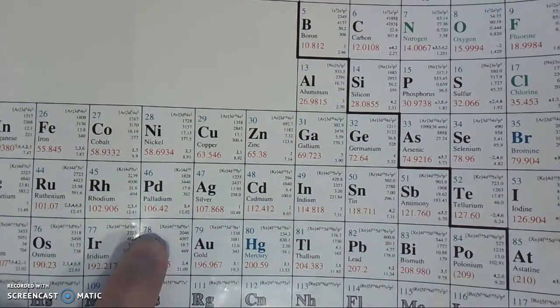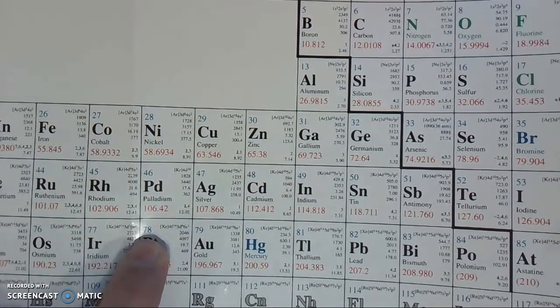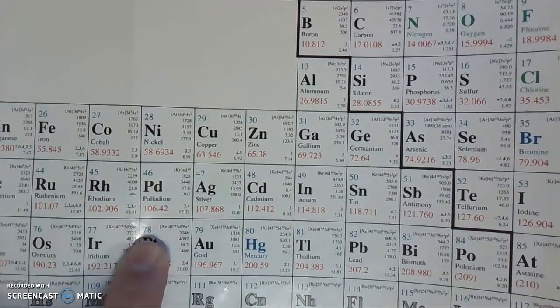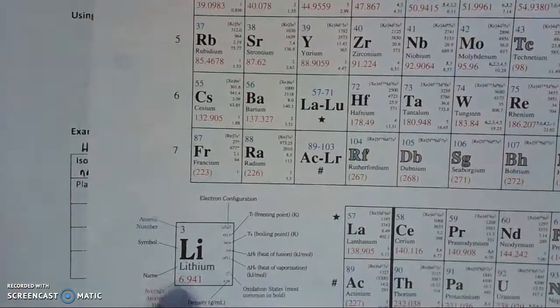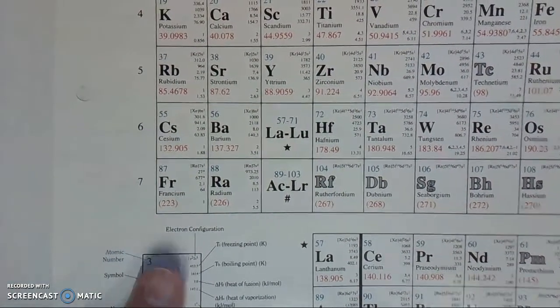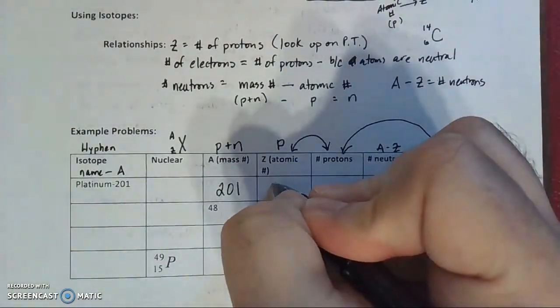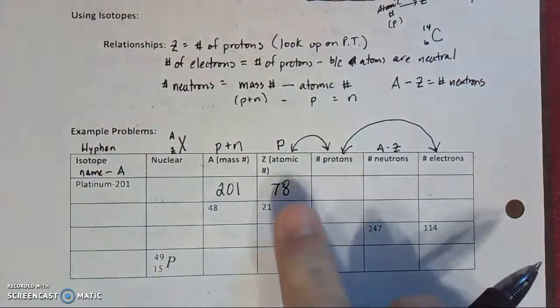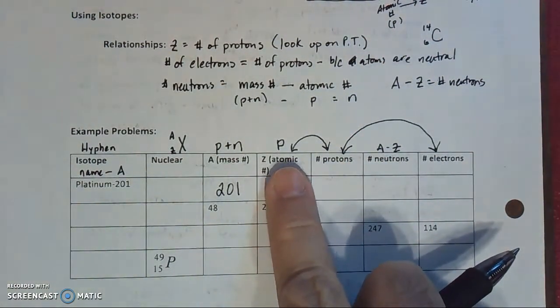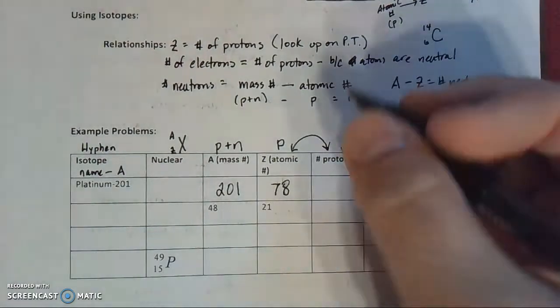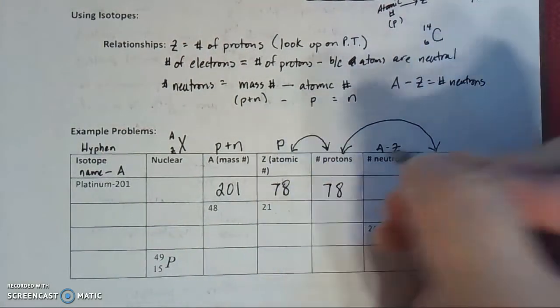It is number 78. So we're looking at the blue number up here in the corner. If you forget which one is the atomic number, there's always a key down here. So its atomic number is 78. Since the atomic number is the number of protons, we know the number of protons is 78.